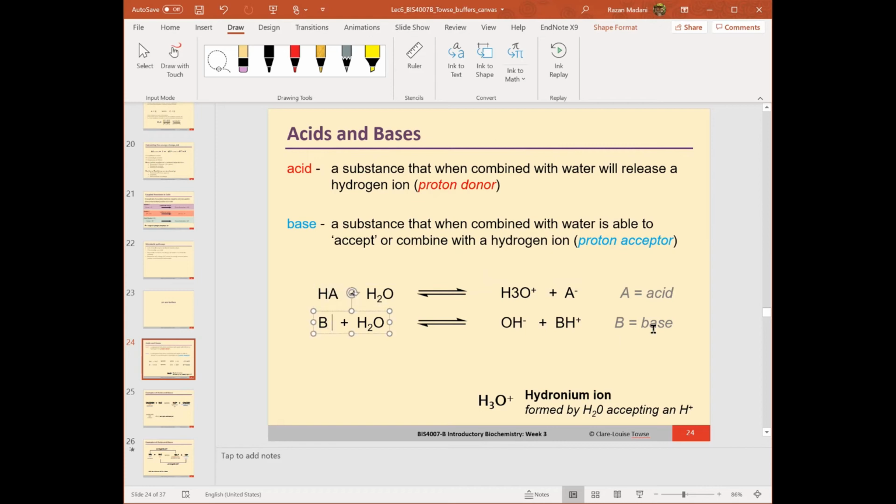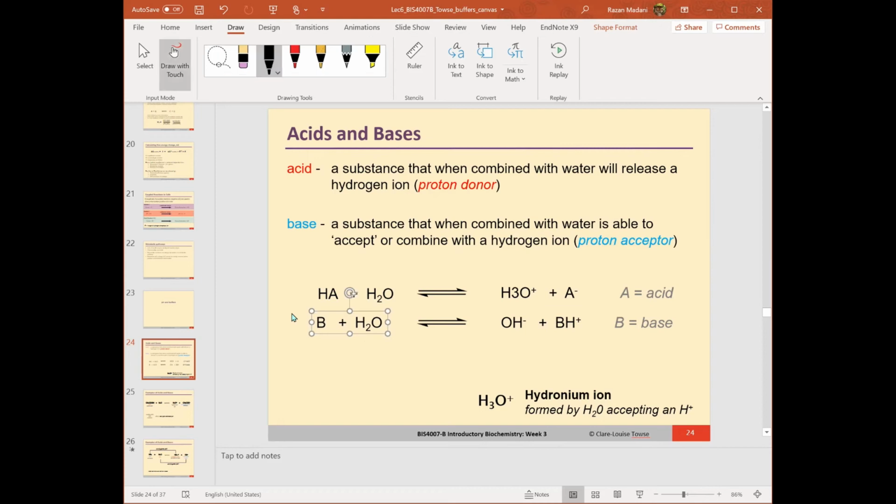It's similar here, so it's saying B is the base. Can you explain why? Because it's gonna accept a proton. Does it accept it from BH plus? No, it's accepting it from H2O. Oh, okay. Always remember, the dealing is happening here in the first stage.